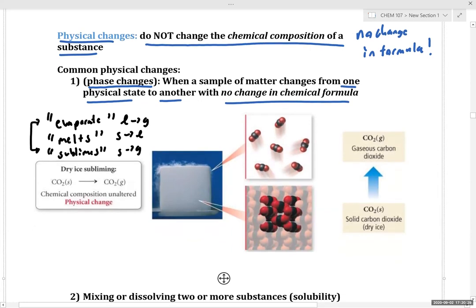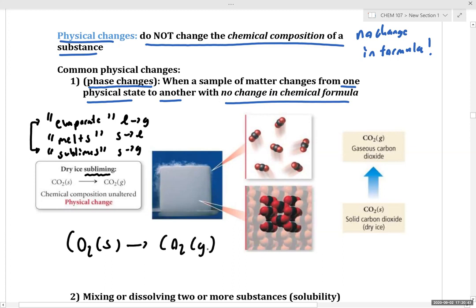Phase changes are physical changes because if we think about a phase change process, for example, dry ice subliming, we're going from carbon dioxide solid to carbon dioxide gas. My question to all of you is, if we look at the formula before and after this physical change, does the formula change? No. So we have the same formula.